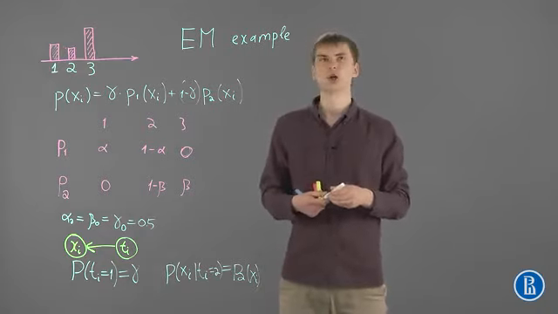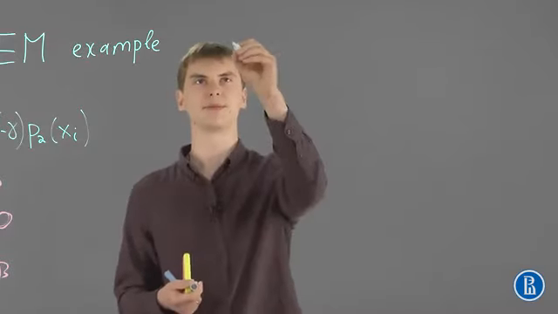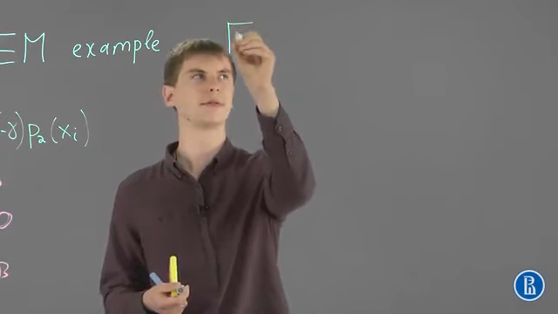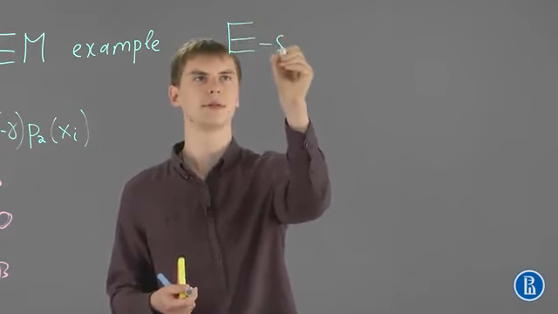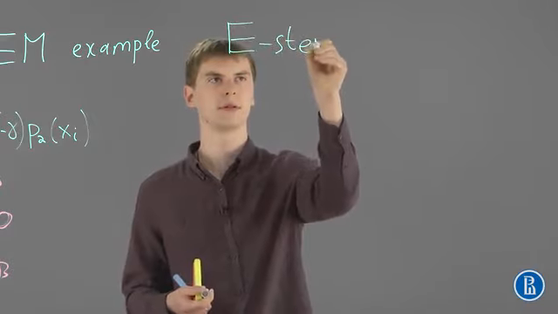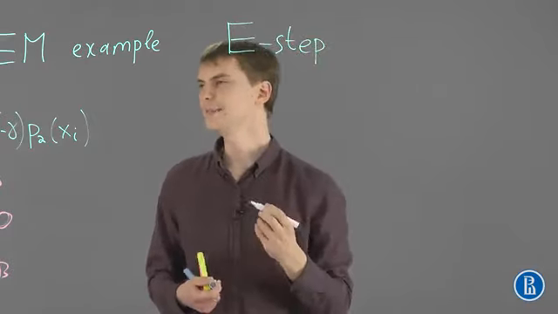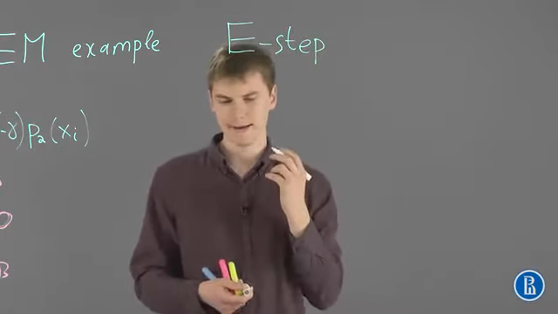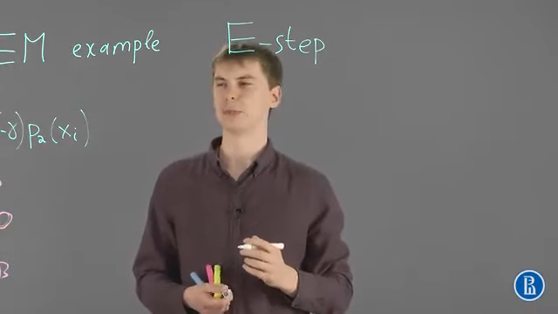So let's start with the E step, or expectation step. On the E step, we want to find the posterior distribution on the latent variable ti.